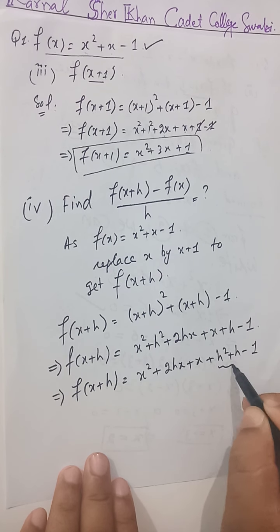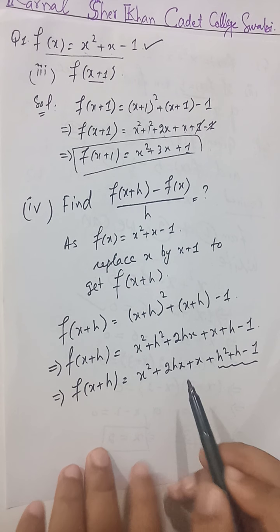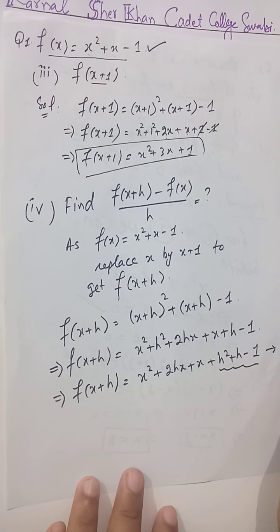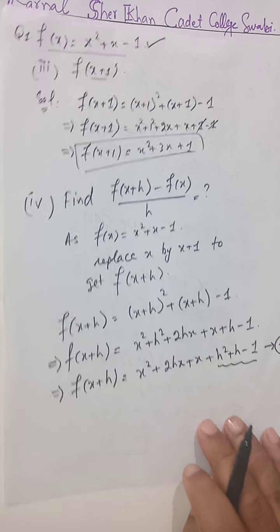So this is your constant term, and this is a term which contains the power of the variable 2, and here is the power of 1 and 1. So you may say this is the descending order with respect to the variable. So this is your f of x plus h.